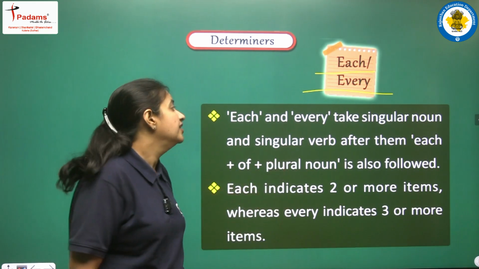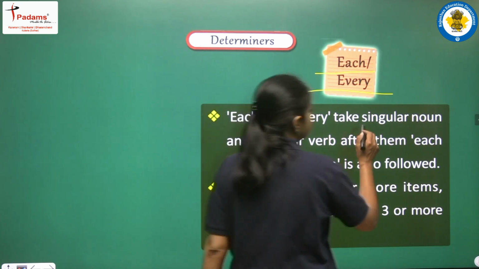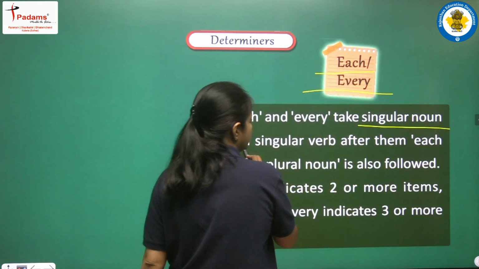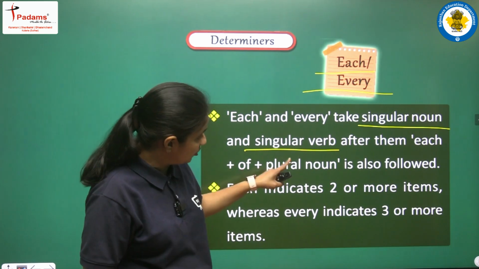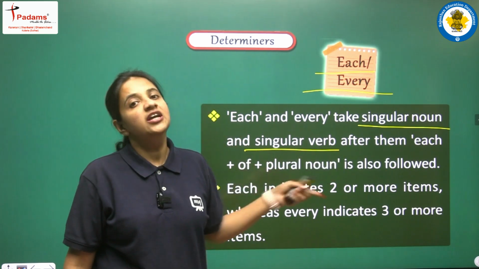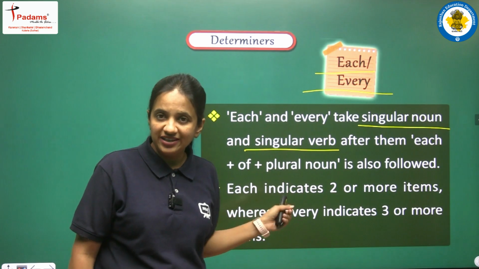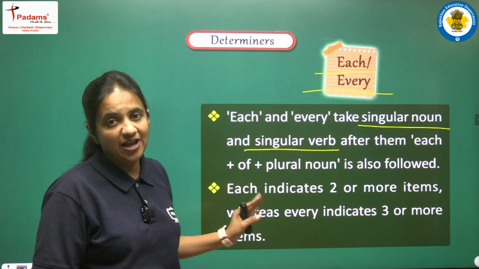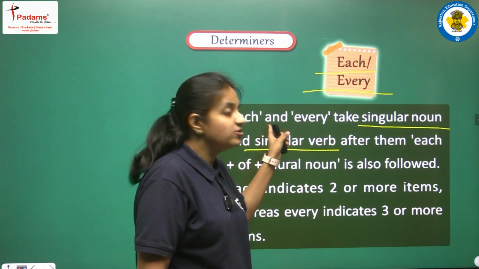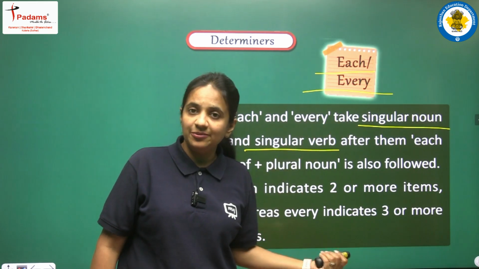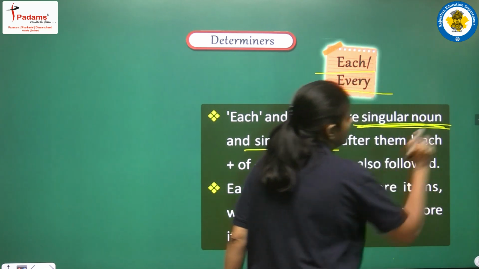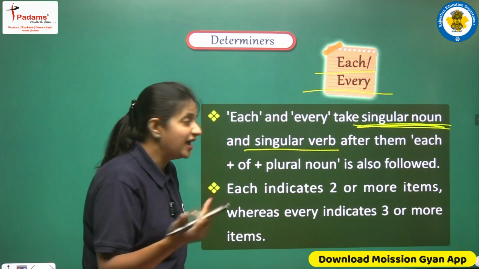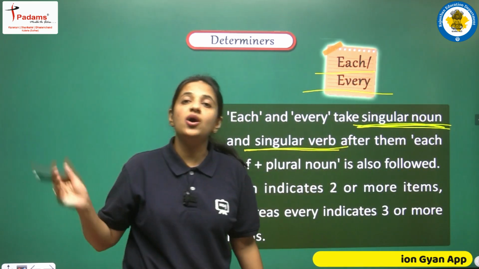Let's read. Each and every take a singular noun and a singular verb after them. Each plus of plus plural noun is also followed. So the very important thing about each and every is that if we use each or every as a determiner in a sentence, we have to write a singular noun after it, and according to that we use a singular verb.